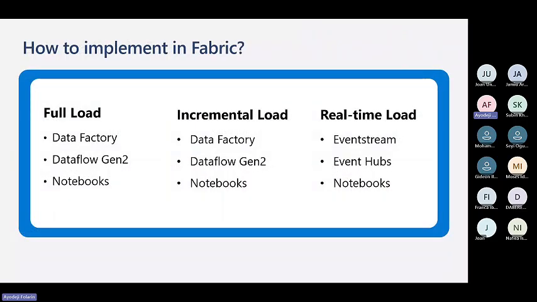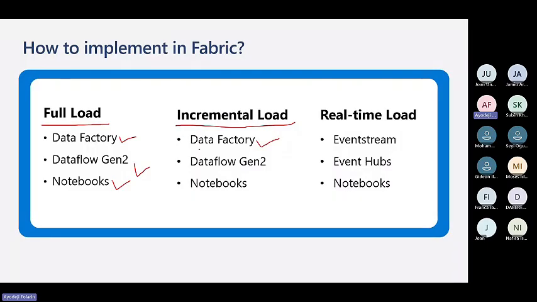Finally, how to implement this in Fabric. Within Fabric, to do your full load, you can use Azure Data Factory, you can use Dataflow Gen 2, and you can use Notebook. When you talk about incremental load, sure, you can use the same things. You can do incremental load on Data Factory.